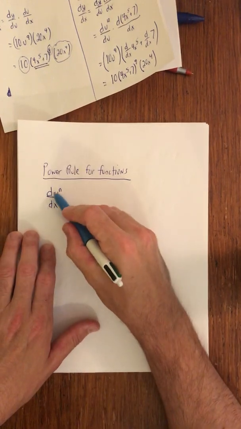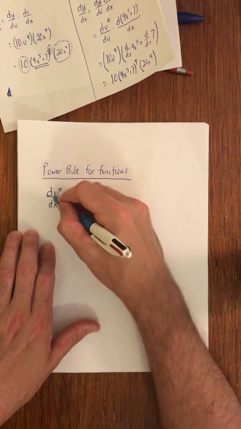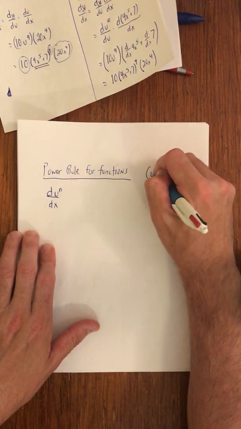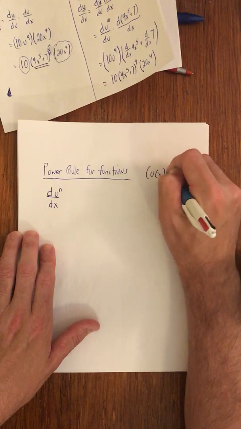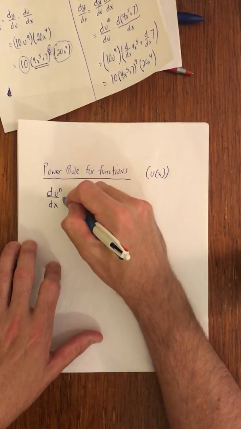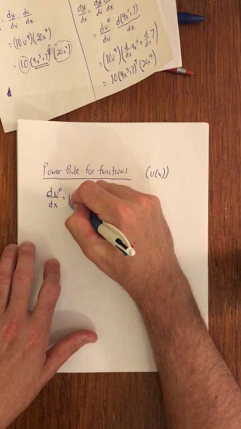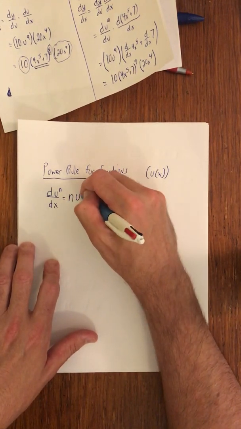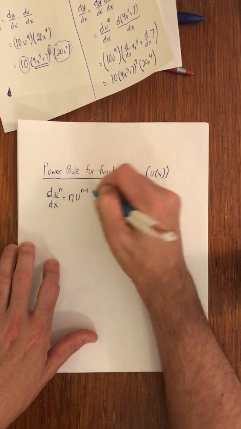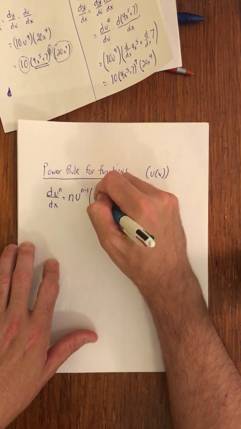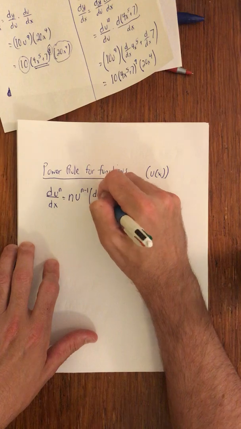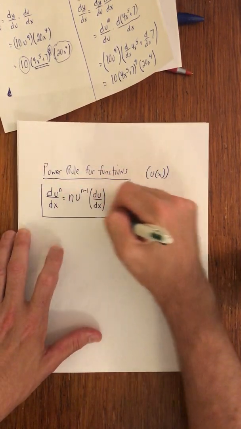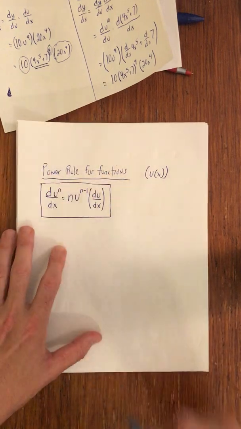Notice here we're taking the derivative of something that's not x to the n. It's some function of x, right? Here the assumption is u is a function of x, okay? And that becomes bring the power down and take the original function, u, raise it to the 1 less power, n minus 1, times the derivative of that original function, okay? And there you go. That is the power rule for functions.